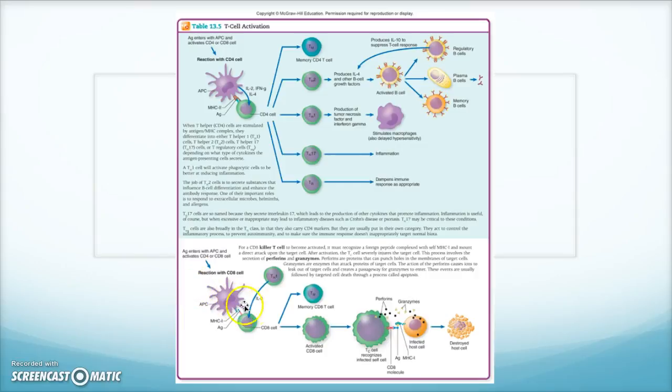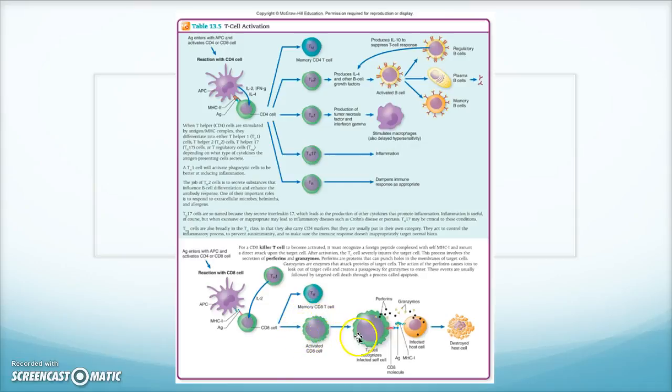Now if we look at the CD8 cells, and remember these are the cytotoxic T cells, with that antigen presenting cell on an MHC1 versus the MHC2, we're going to get some helper T cells. But then what we're going to look at really getting is those memory CD8 T cells and then an activated CD8 cell.